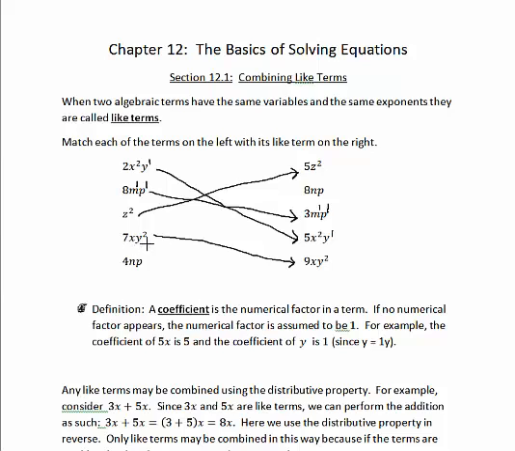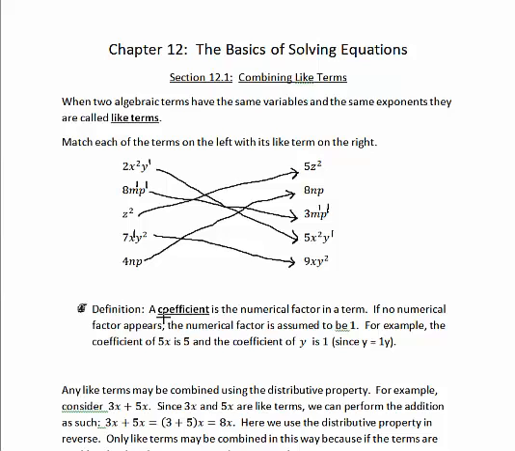With the 7xy squared, x has an exponent of 1, and for this term the x has an exponent of 2. The exponents don't match. And finally, the last term on the left, the np term, matches with the 8np on the second column.